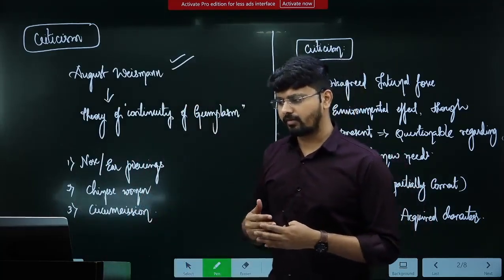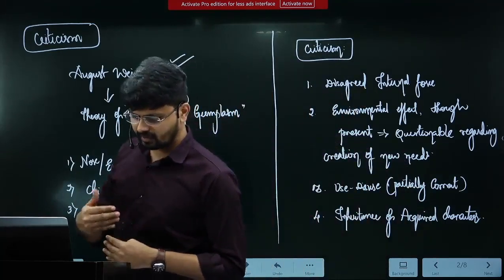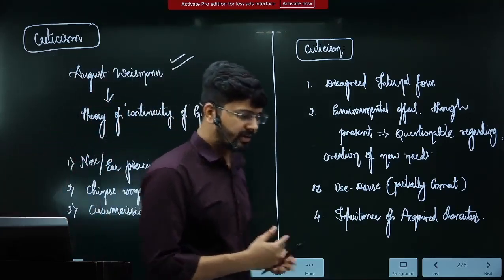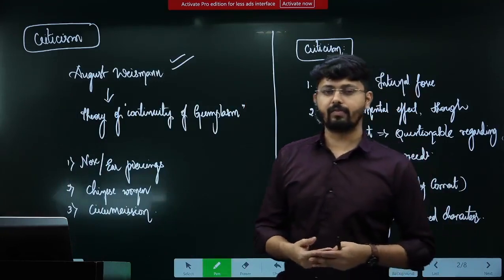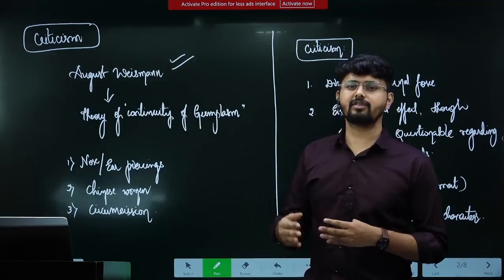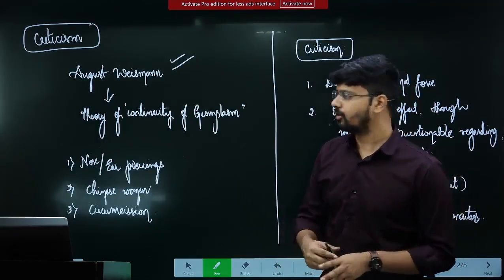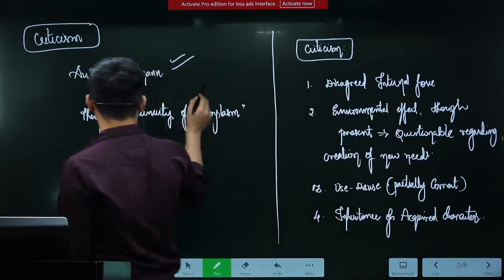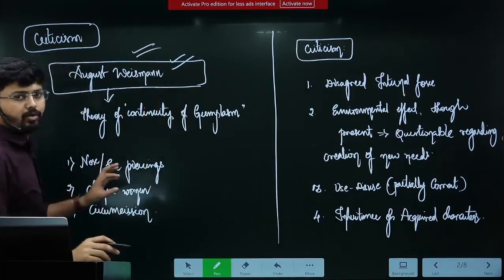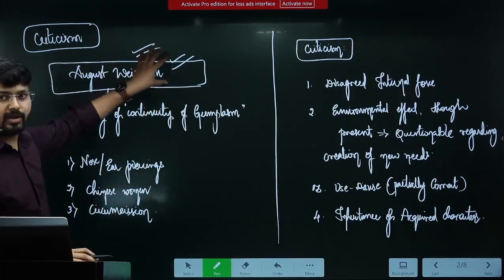After that, what he observed is that even after the tail had been cut for a number of generations, the new generation was being born with the tail. That means whatever character has been acquired by the rat is not inherited, right? So this is an example against Lamarck.